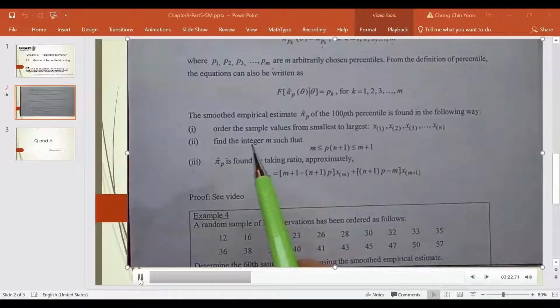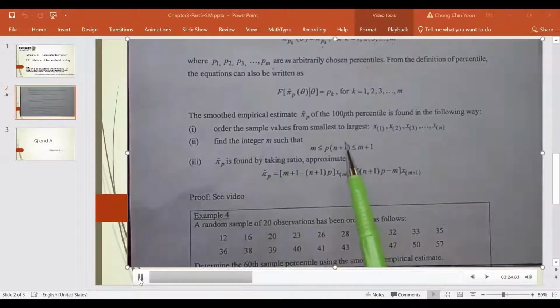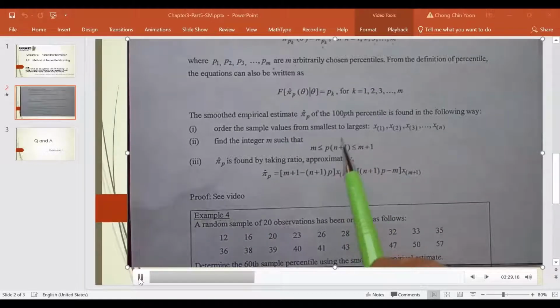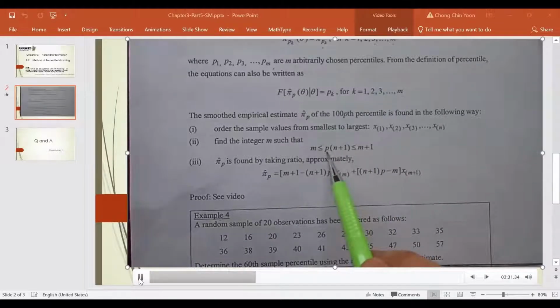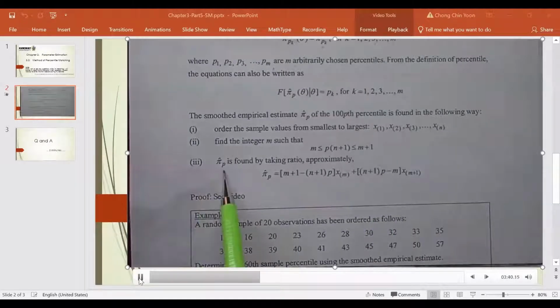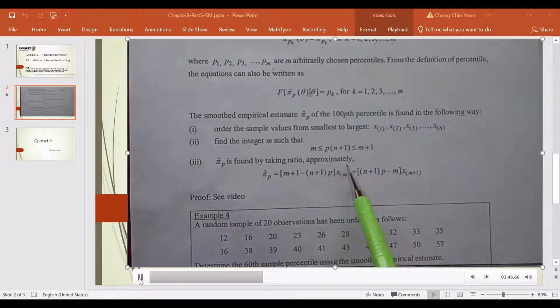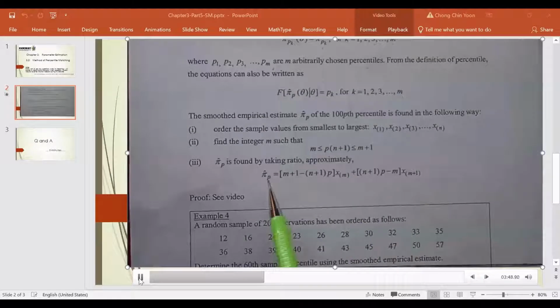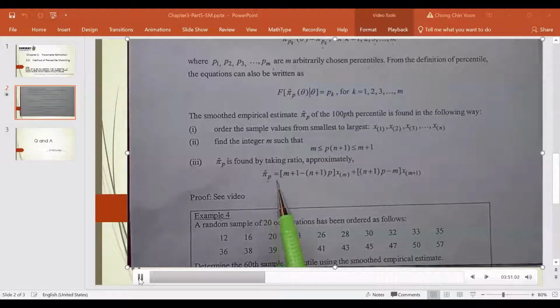Second, find the integer m such that this inequality holds: m is less than or equal to p times (n plus 1), which is less than m plus 1. Third, the estimate of this 100p percentile, pi_p hat, is found by taking the ratio approximately, where pi_p hat is given by this equation.